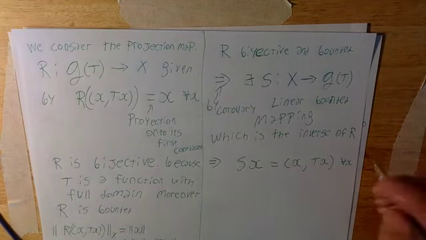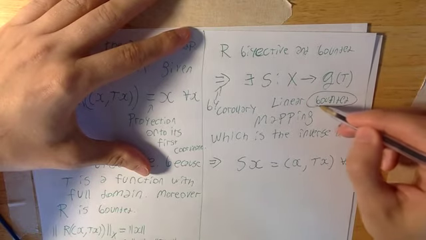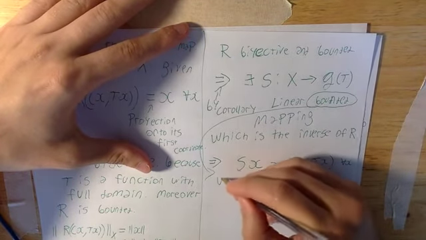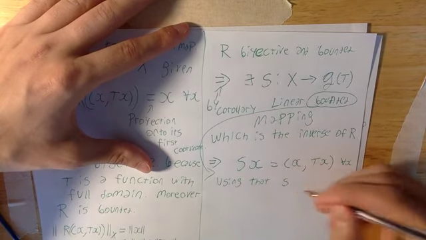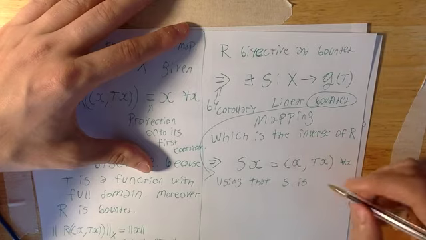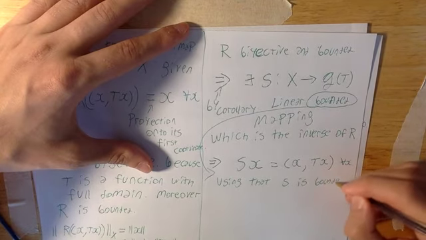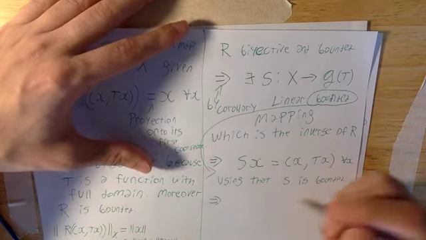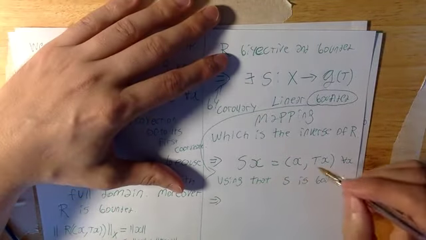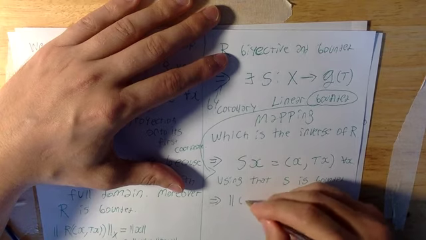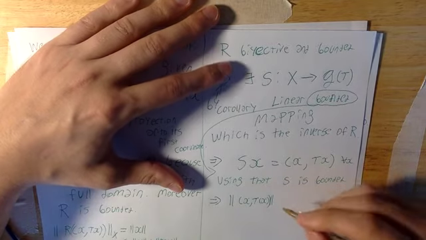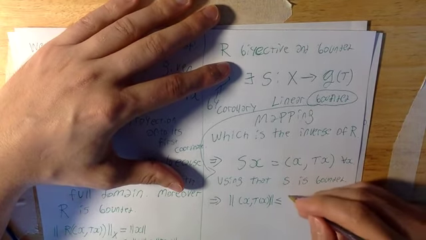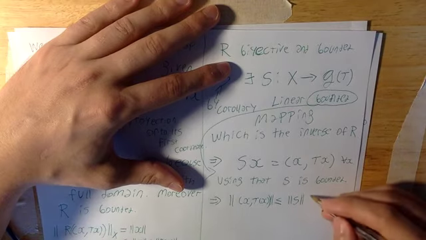In particular, by using the fact that S is bounded, the norm of (x, Tx) is less or equal than the norm of S times the norm of x.